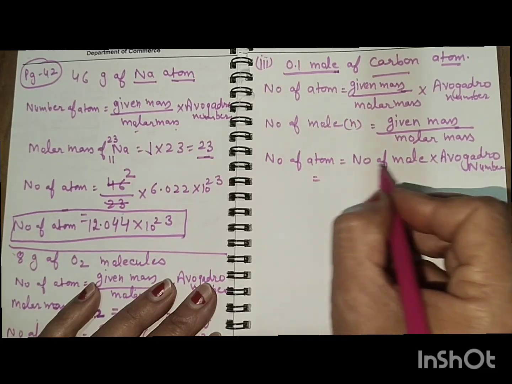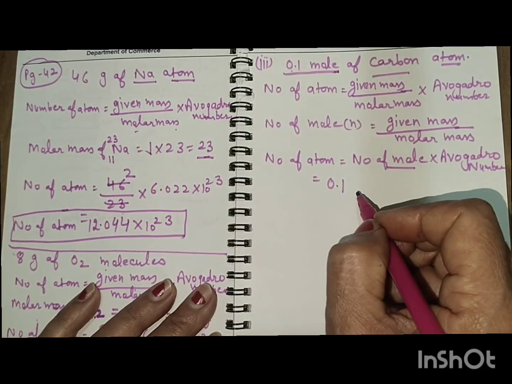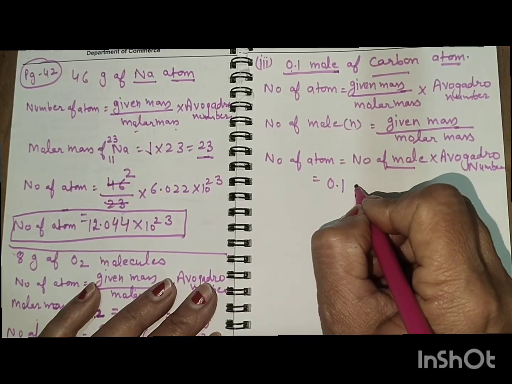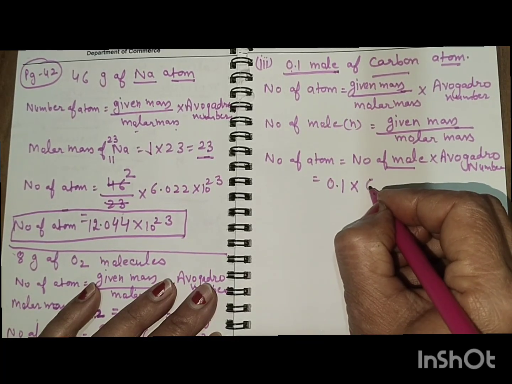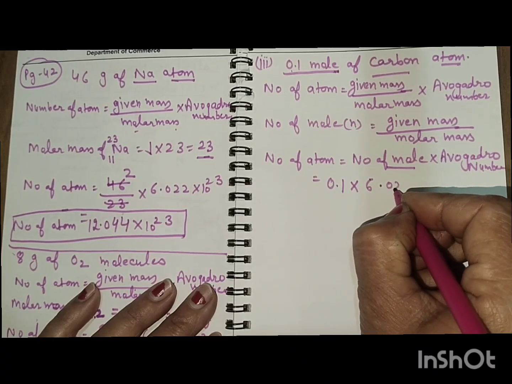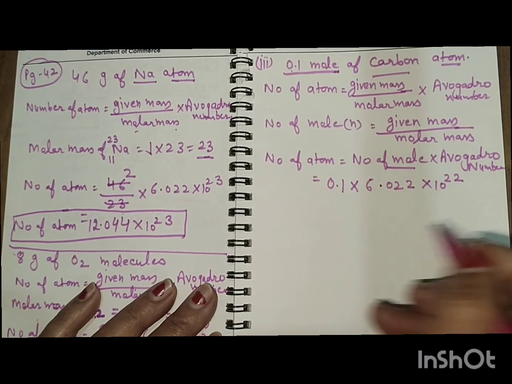Number of moles here is 0.1 of carbon atom and Avogadro number is 6.022 into 10 raised to power 23.